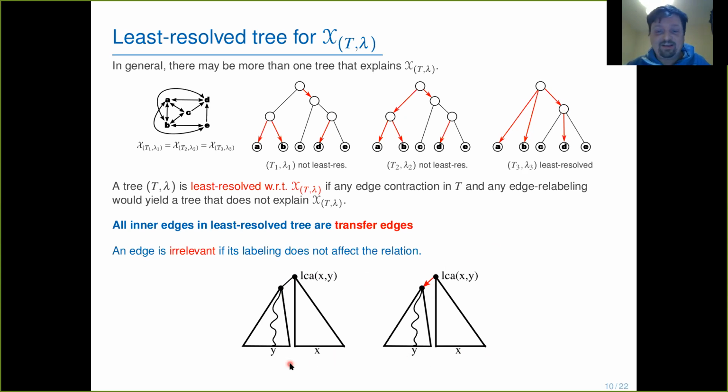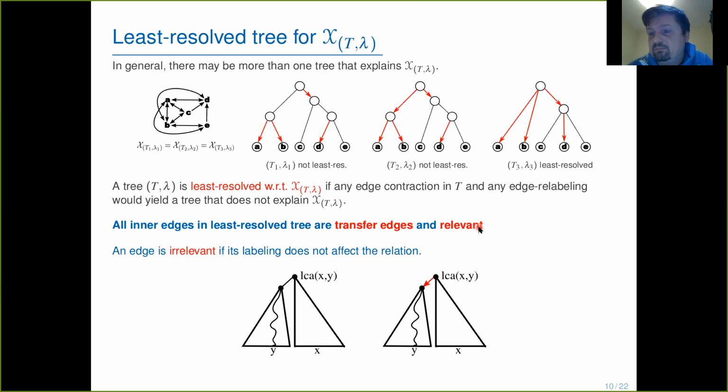It does not have any information for us. Yeah. So if it is a transfer edge, I can label it to a non-transfer edge, then I already know I can contract it because I do not have inner non-transfer edges. So all inner edges in a least resolved tree are transfer edges and must be relevant.